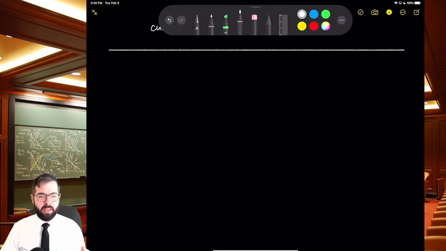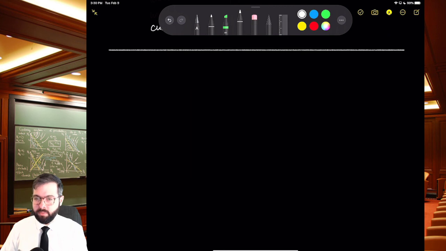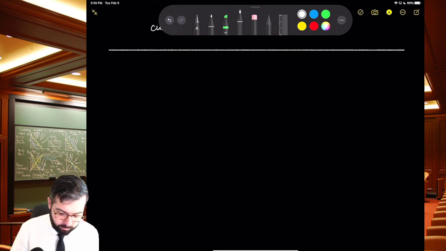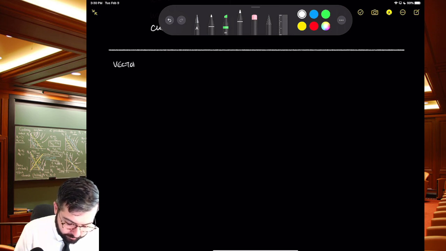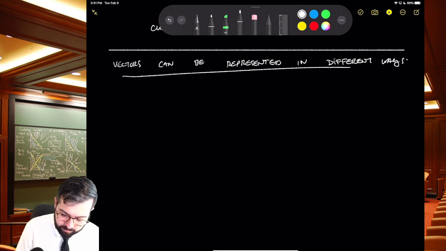And so just in the same way that y equals x squared can be represented by a curve, a vector can be represented in algebraic notation, okay, as well. So we'll just say that. So vectors can be represented in different ways.